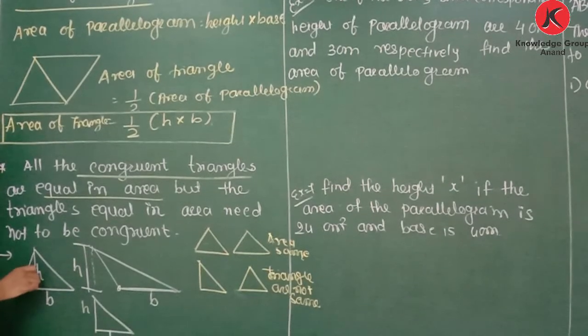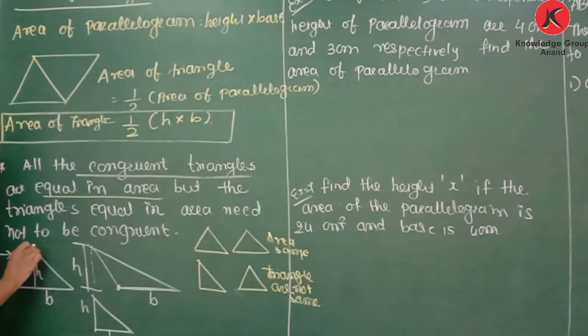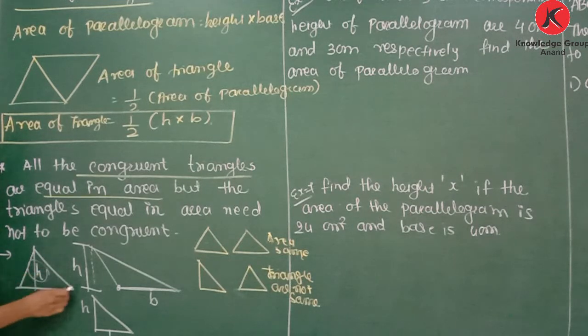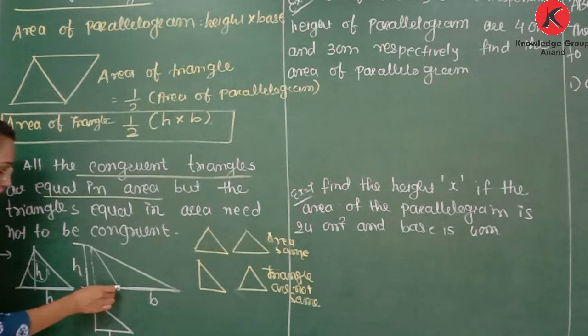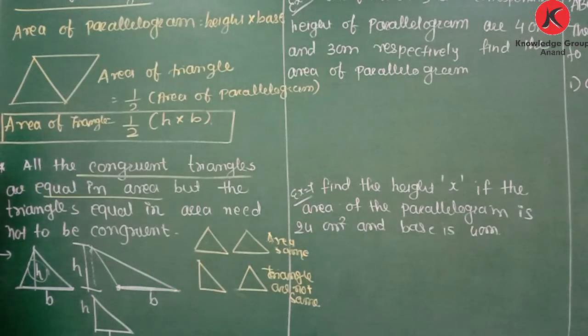Clear? If it is an acute angle triangle, then the height will be the perpendicular distance. You can consider this as the altitude. Altitude will be the height and this side will be the base. If we consider this obtuse angle triangle, then the height will be outside the triangle and this side will be the base. If it is a right angle triangle, then two sides will be height and base.